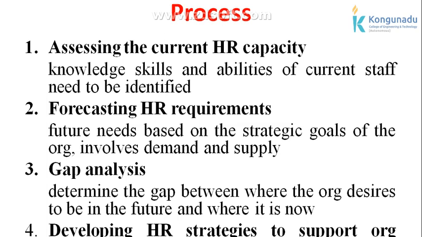So these are all the developing human resource strategies to support organizational strategies. These are all the HR planning process: assessing the current HR capacity, forecasting HR requirements, gap analysis, developing HR strategies to support organizational strategies. Thank you.